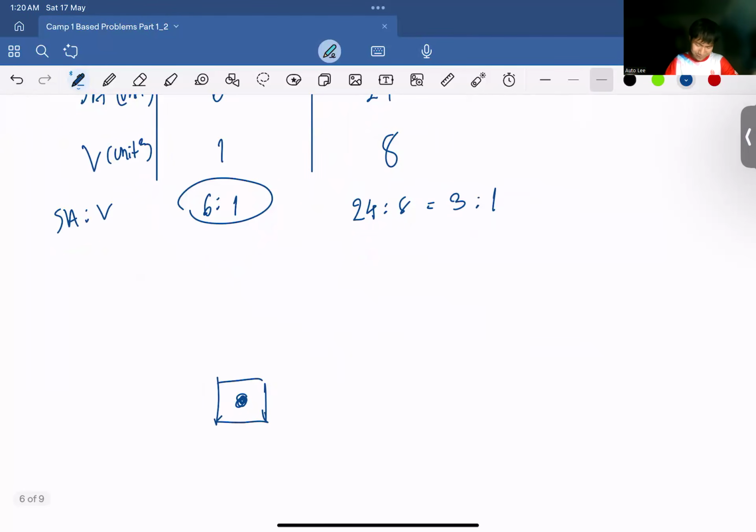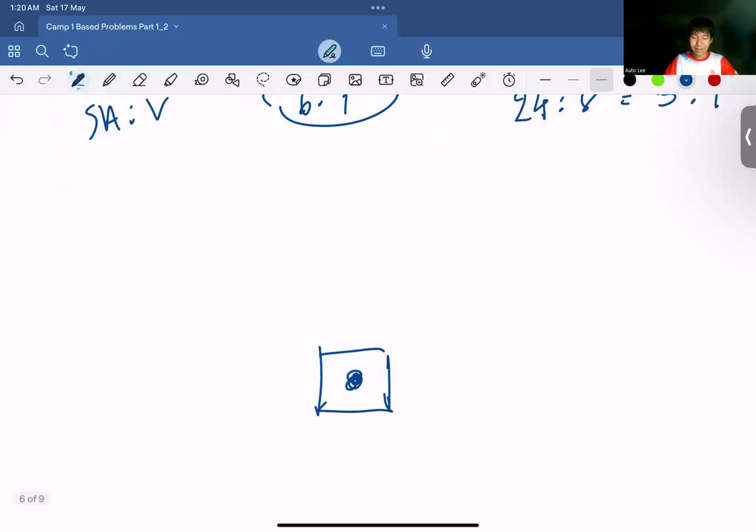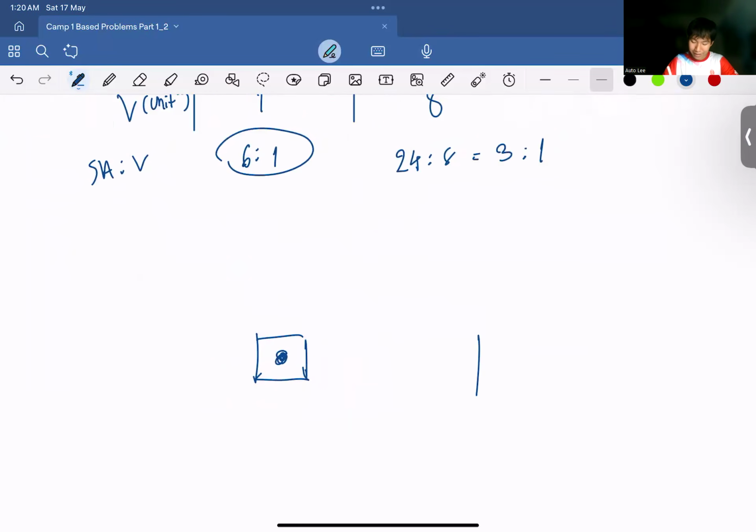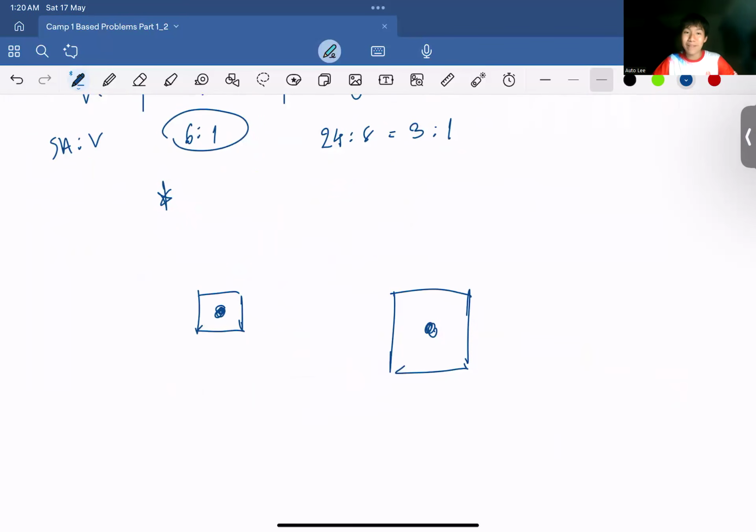Now let's say that this cell, and also the bigger cell that's 2 times larger, requires oxygen. Let's assume that, because most organisms that are aerobic require oxygen.